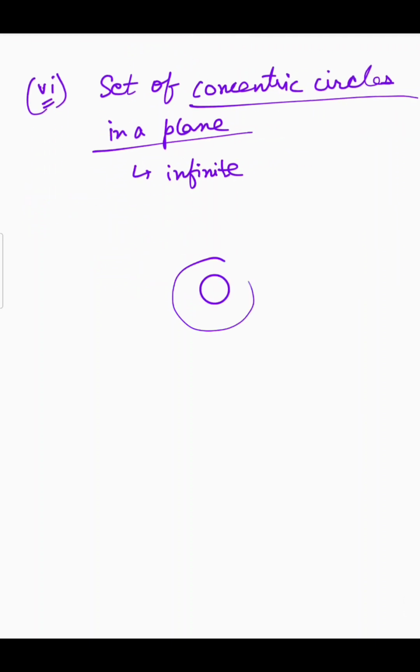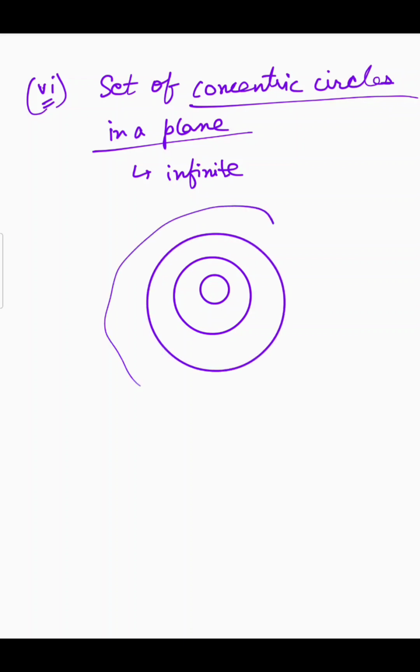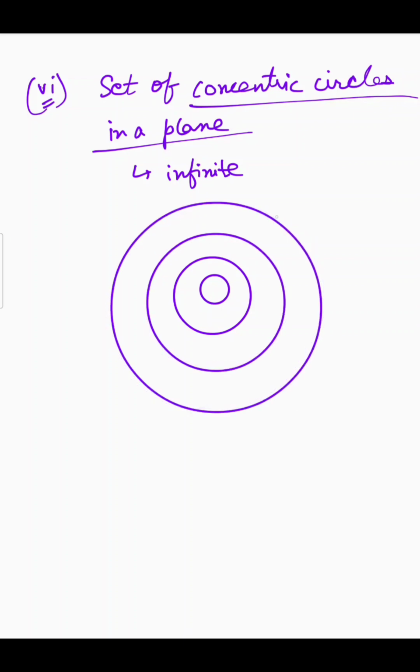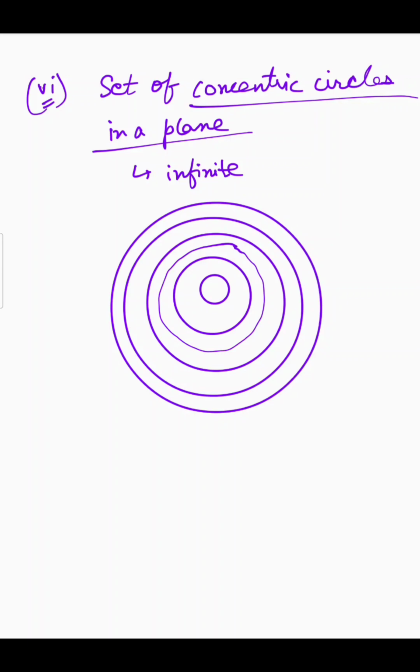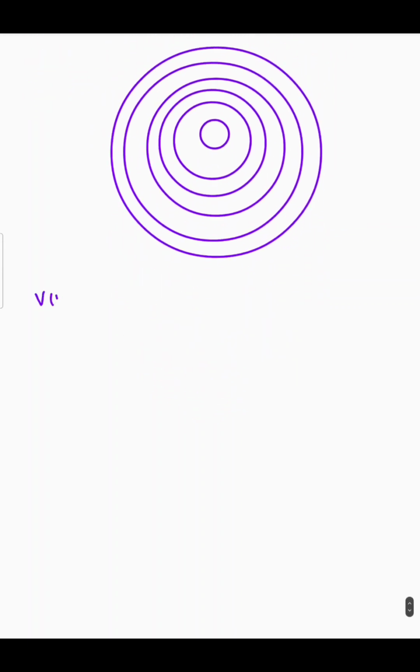Here, this is the radius. You can keep on drawing, right? You can draw one in between this also, between this also. So it's an infinite set, right? Next.